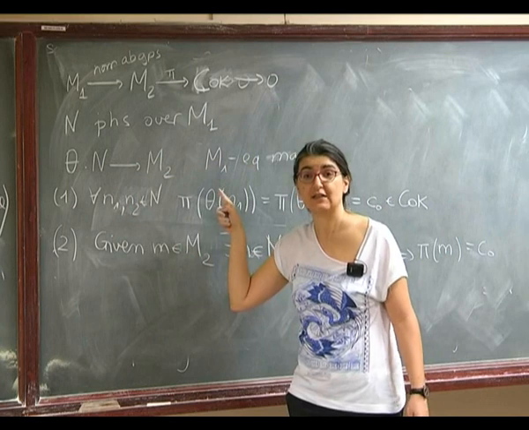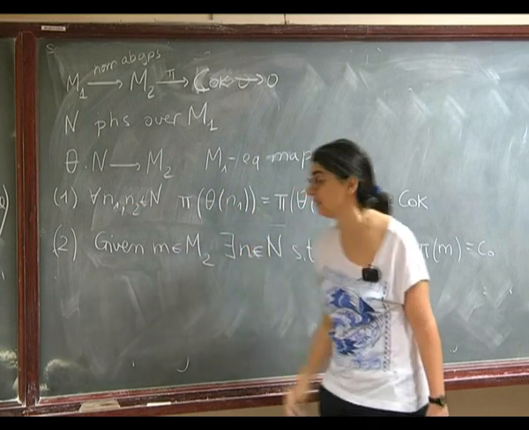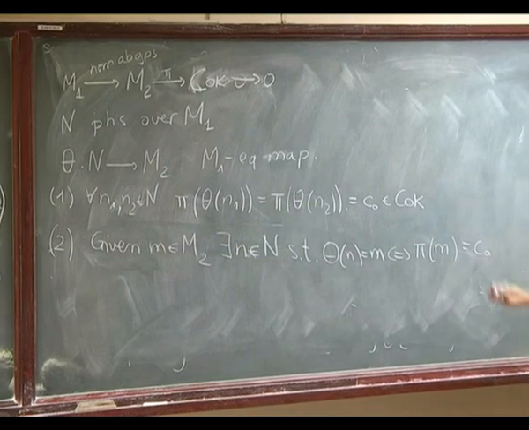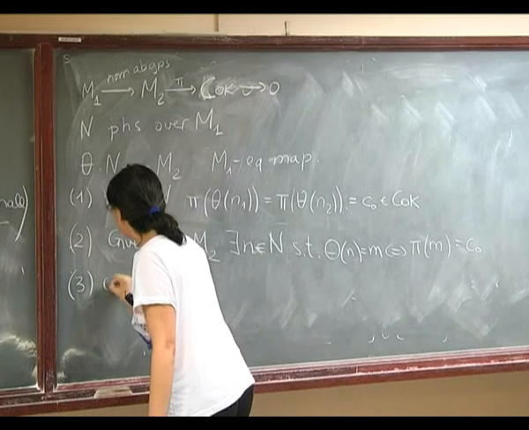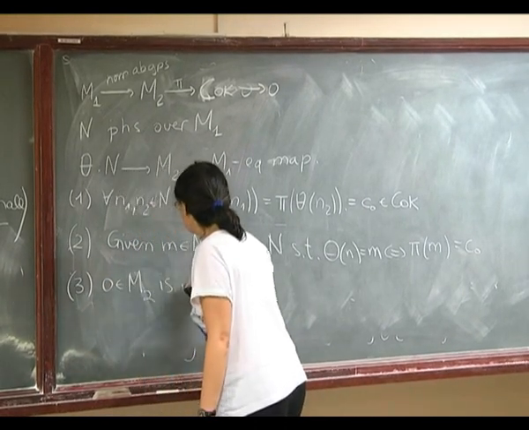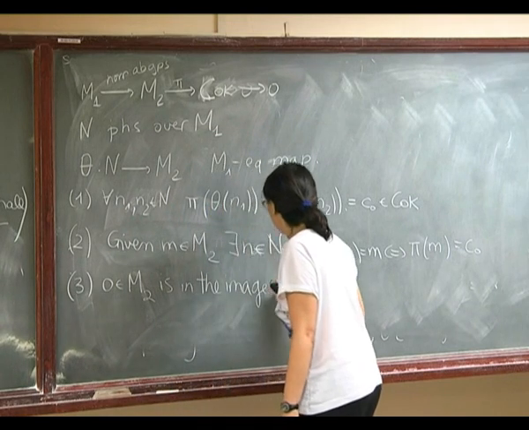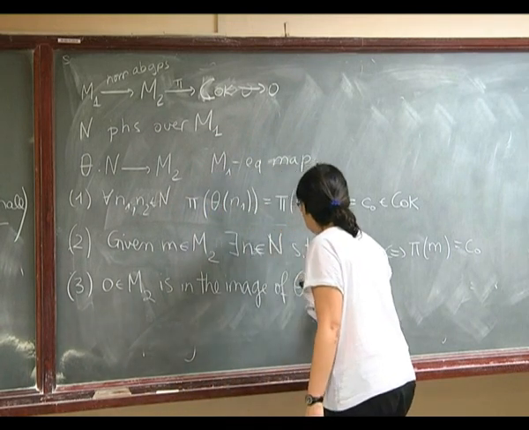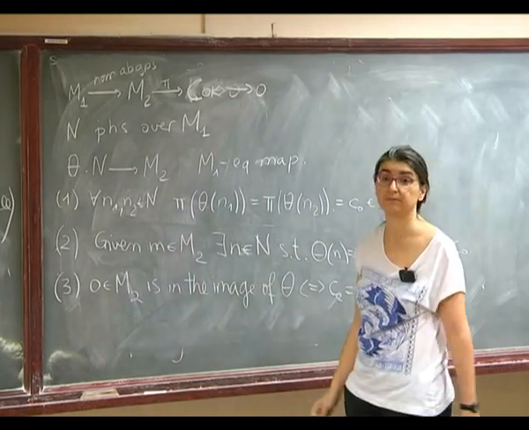So if one is in the image of N, then the other also is, and conversely. In particular, putting this together, 0 in M2 is in the image of theta if and only if C0 is 0.